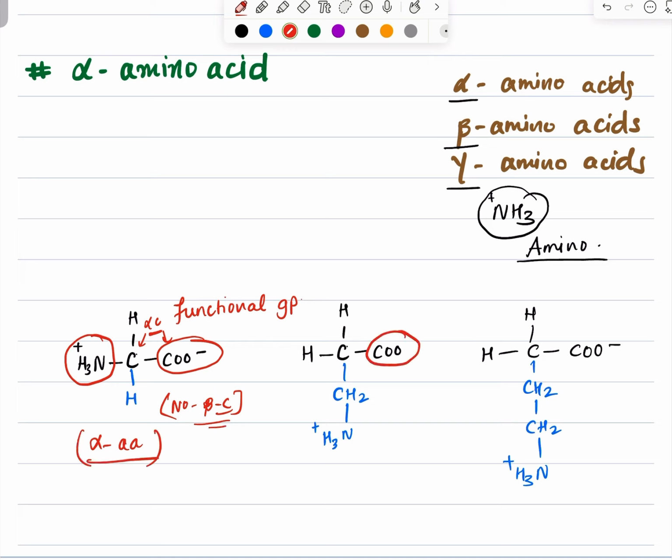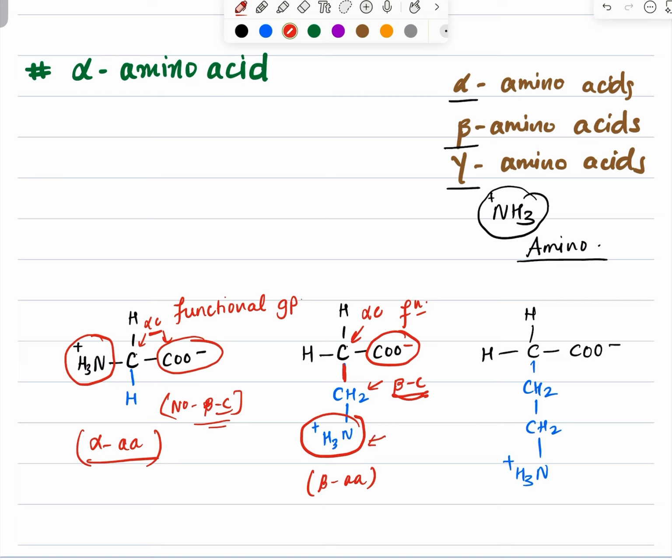But in the second example, you have the carboxyl group here, then a carbon attached to it called the alpha carbon, and a second carbon attached to that, which is the beta carbon. Your amine group is directly attached to the beta carbon, and that's why this type of amino acid is called a beta amino acid, because the NH3 is attached to the beta carbon.